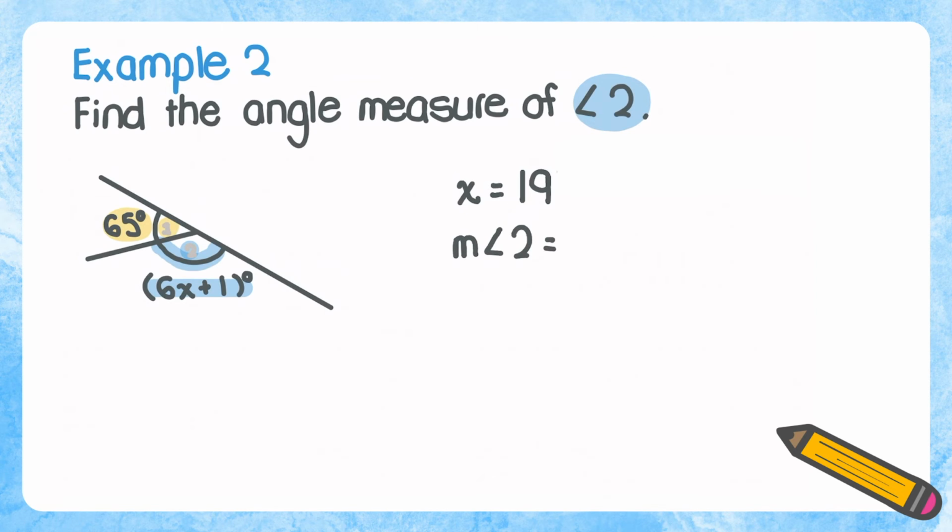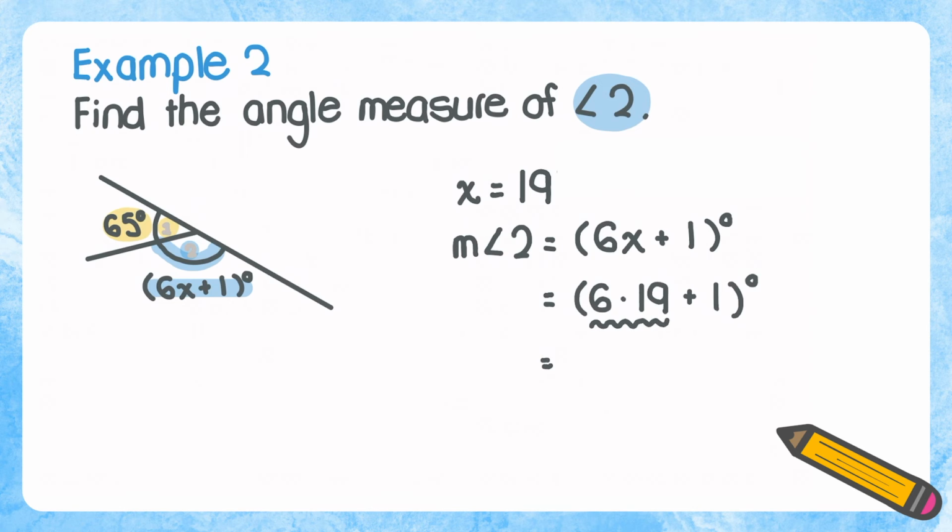So the measure of angle 2 is equal to 6x plus 1 degrees. And since we just solved for x, we're going to replace x with that value. So 6 times 19 plus 1 degrees. And from here, we're just going to simplify. 6 times 19 equals 114.